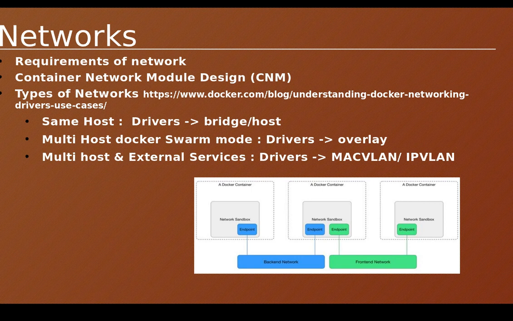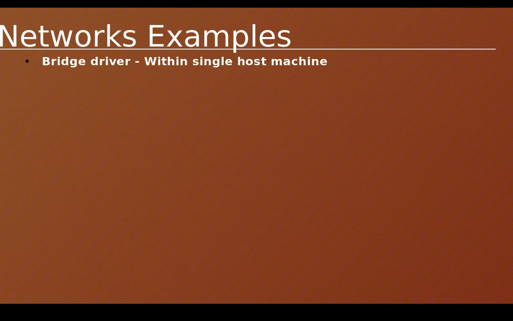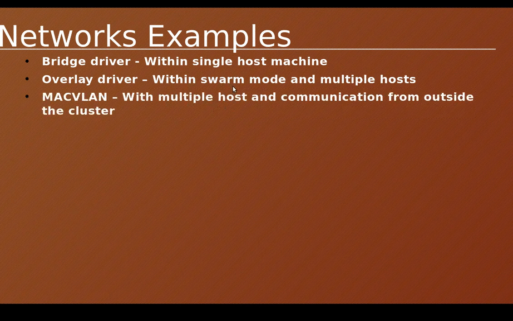You can go into more details of those, and based on that, they can communicate with each other. As I told, bridge network is capable of handling a single host machine. Overlay driver is for multiple hosts when swarm mode is enabled. MacVLAN is communication from outside the cluster.